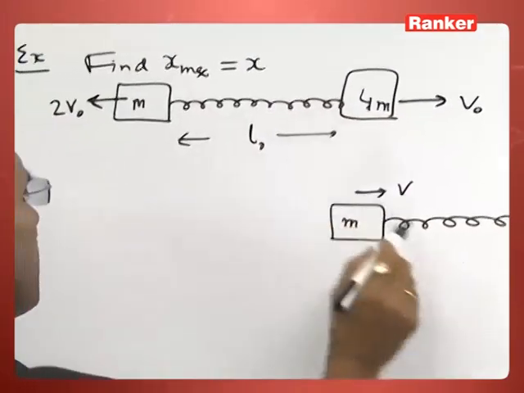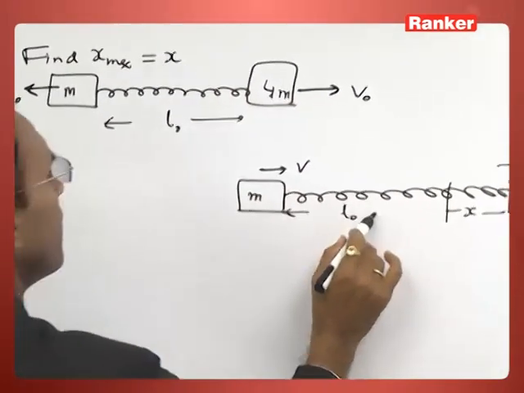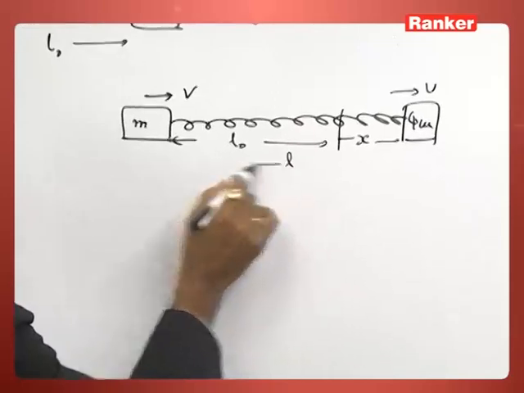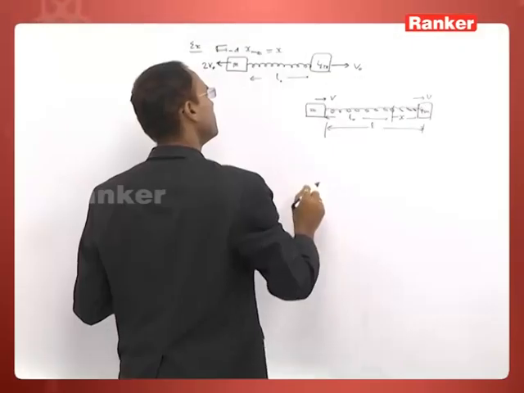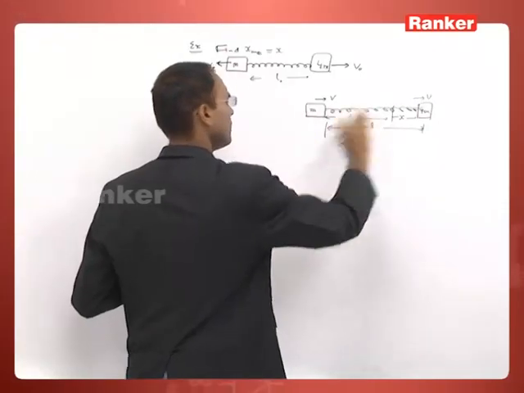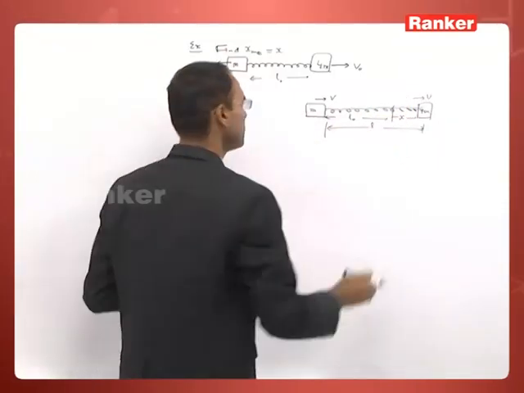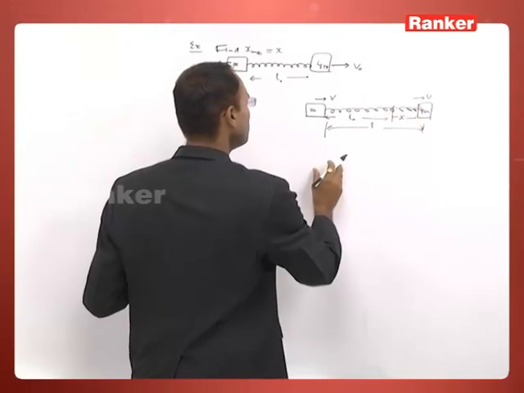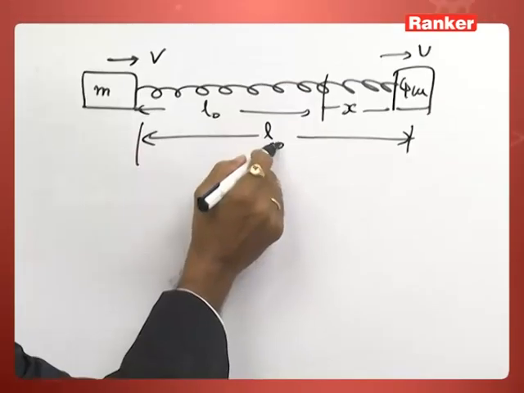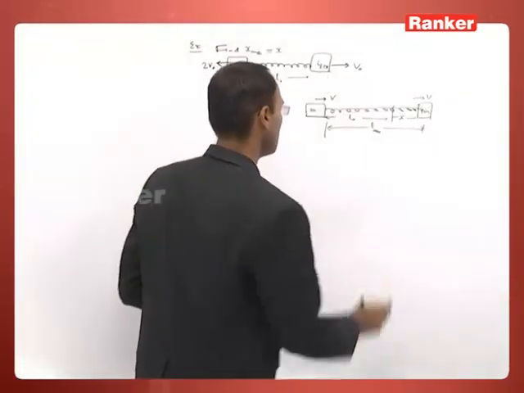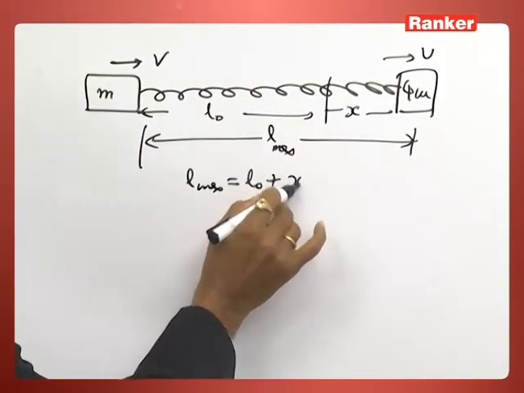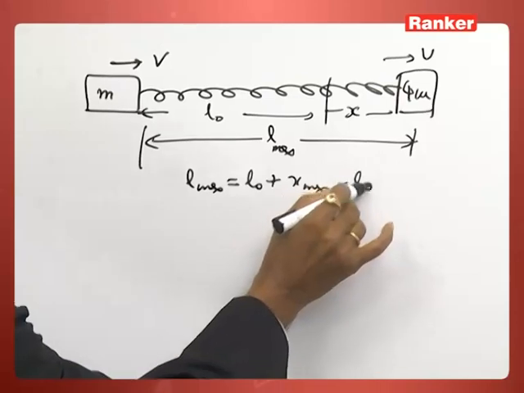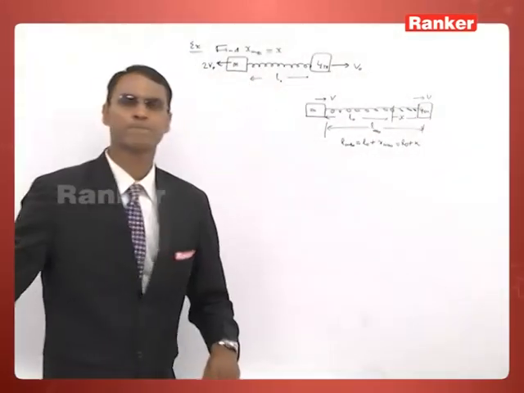The length of the spring is L naught initially, so the final length at this instant, when both blocks move with the same velocity and elongation is maximum, becomes maximum, and that is equal to L naught plus x max. X max you can say x.